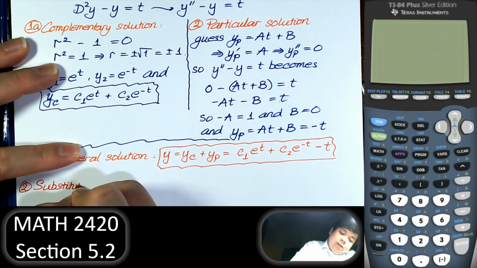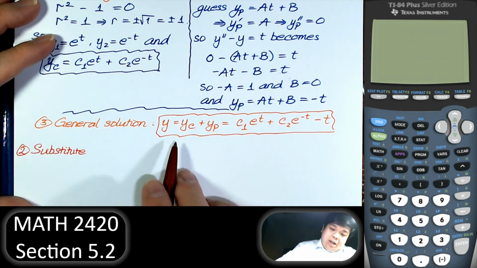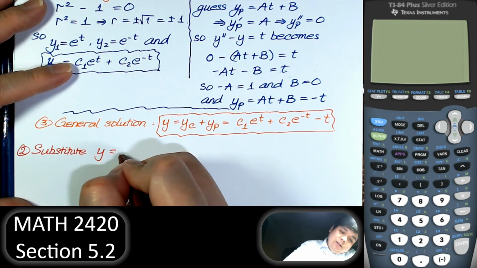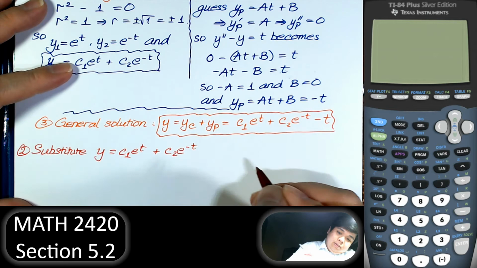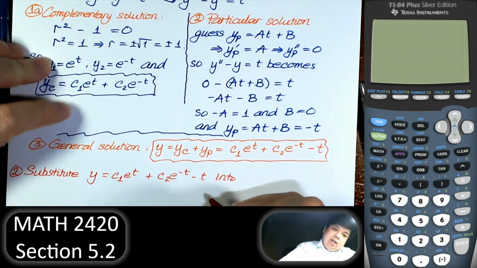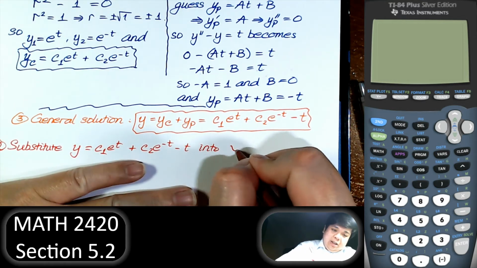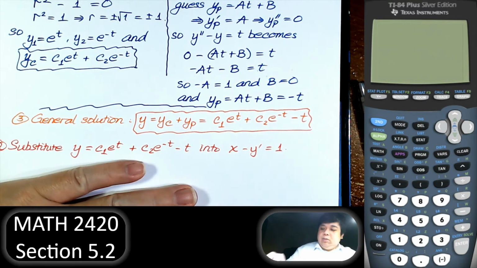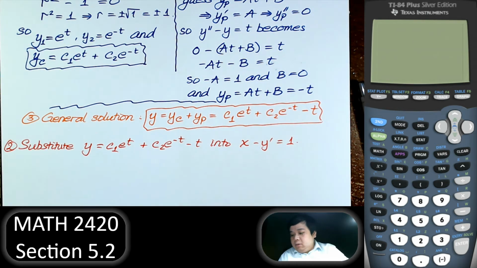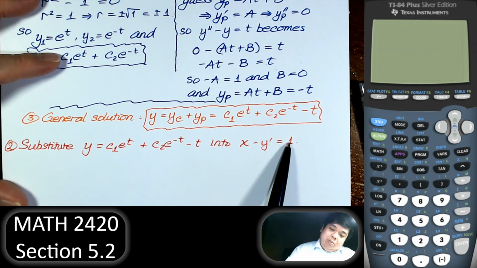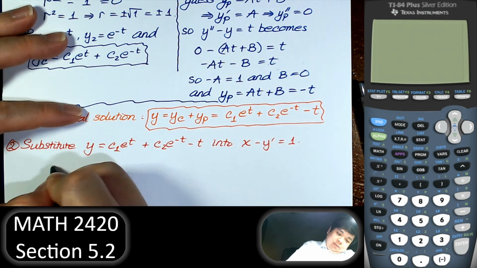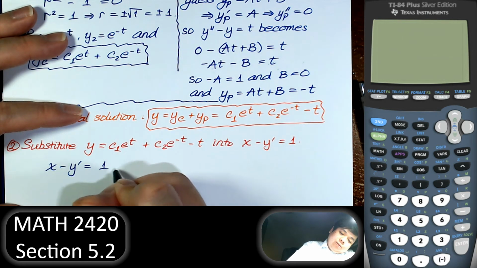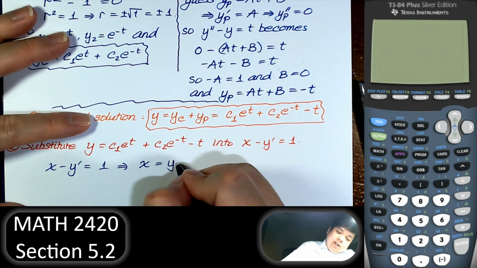Now if we substitute this into this equation, x minus y prime equal to 1. So x equal to y prime plus 1.